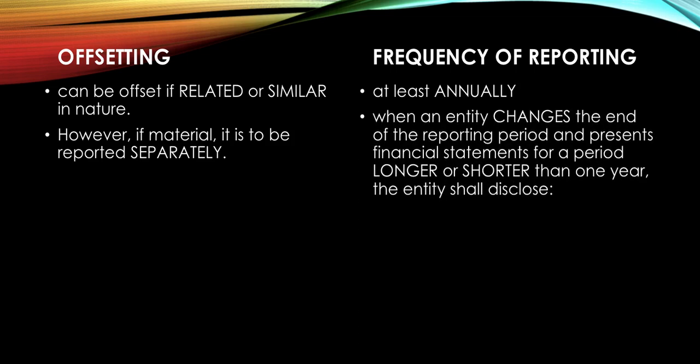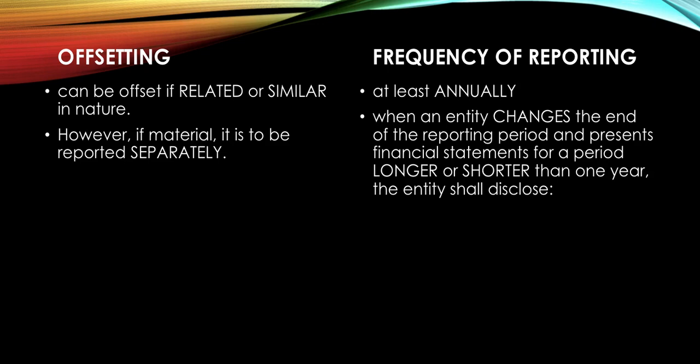However, when an entity changes its reporting period and presents financial statements for a period longer or shorter than 1 year, then the entity shall disclose it. For example, your reporting period ends December 31, and you change to May 31 because of the academic year. When the period changes, this year becomes shorter, only January to May.